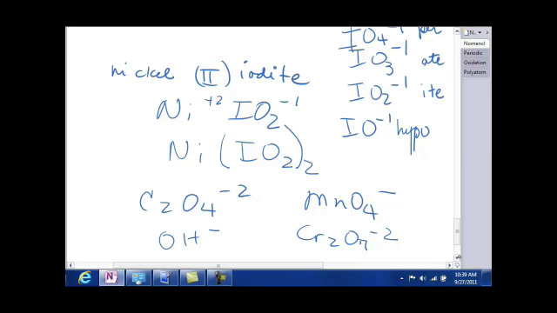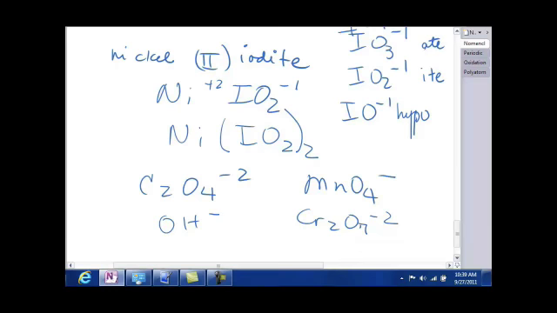I do one group at a time. So that's what we're doing. And for these guys, you just have to group them. They don't have a T or a 4 or a 3. But once you know that oxalate is C2O4, then you can name it.